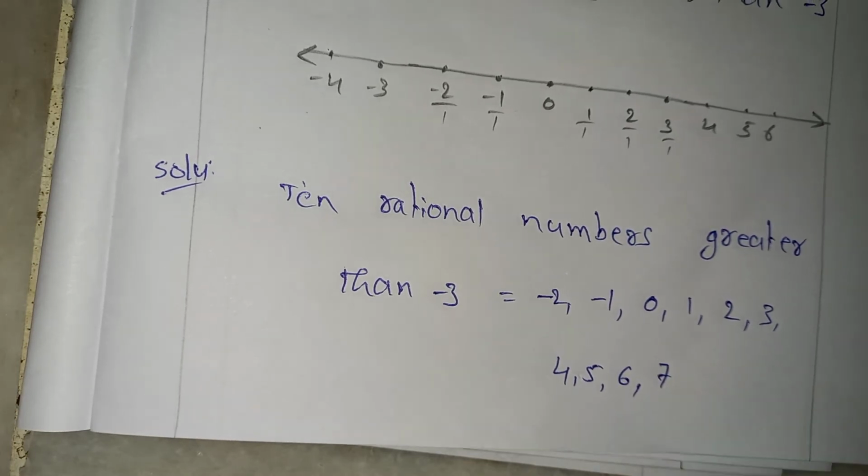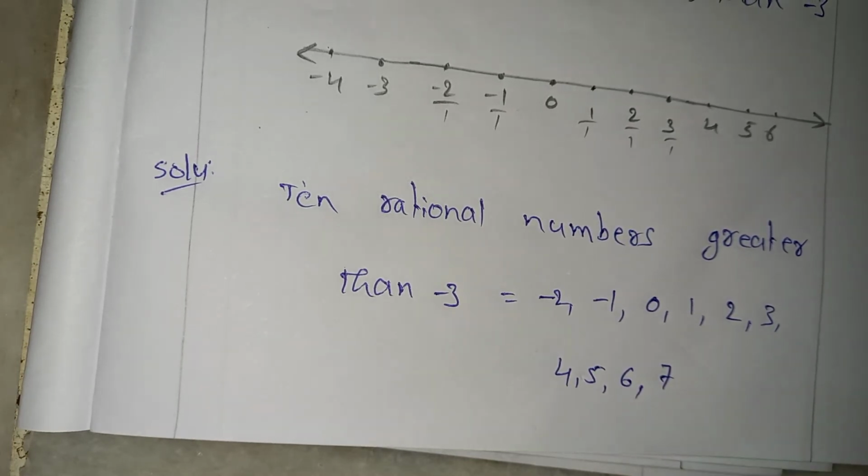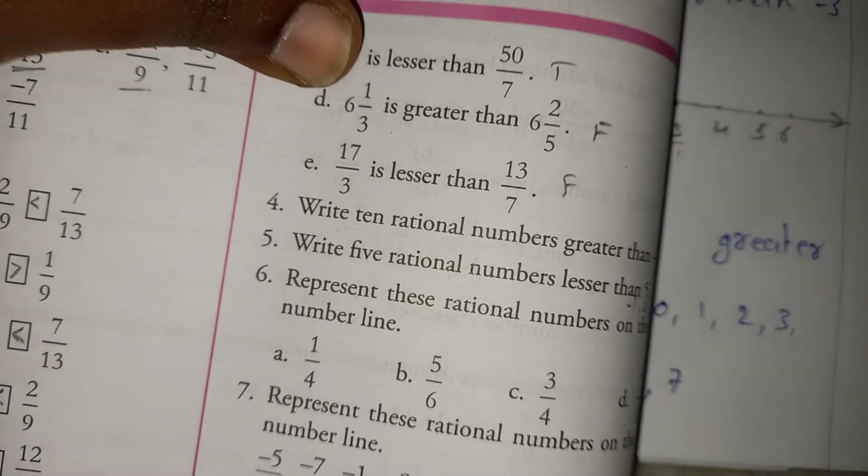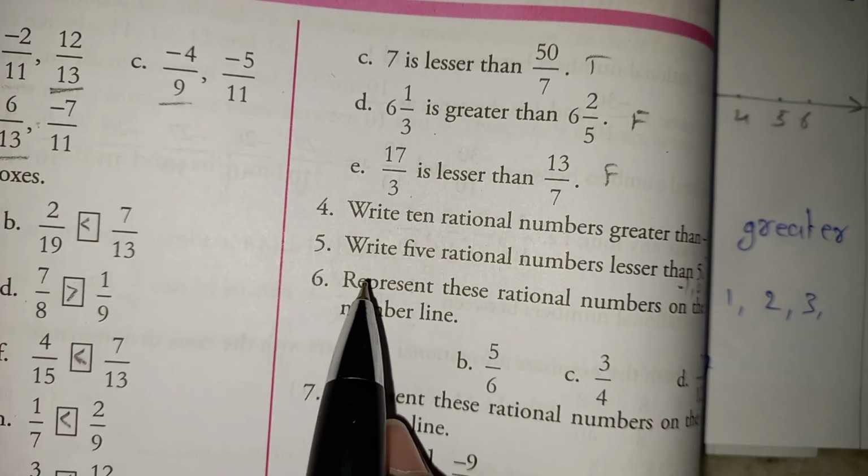Right? So, all these numbers are greater than minus 3. Simple only, no? Next, question number 5.